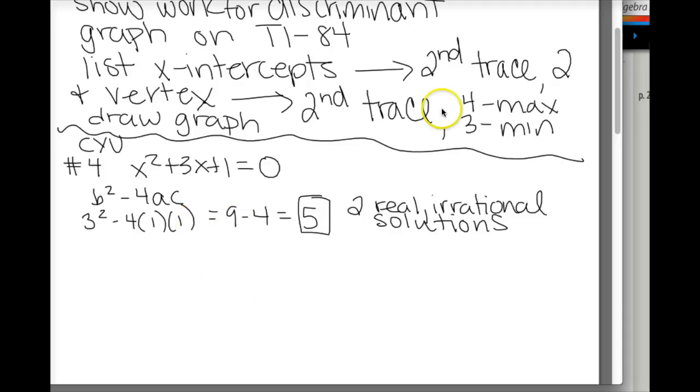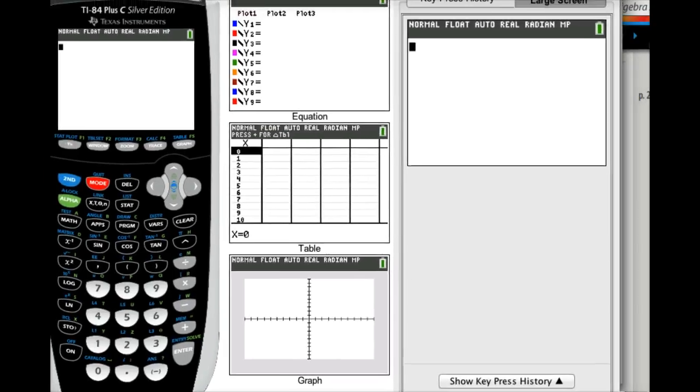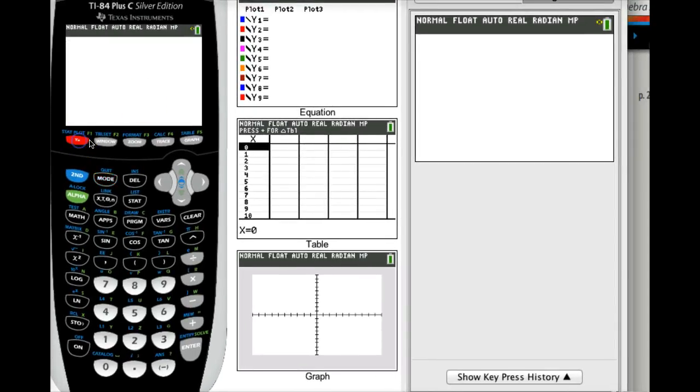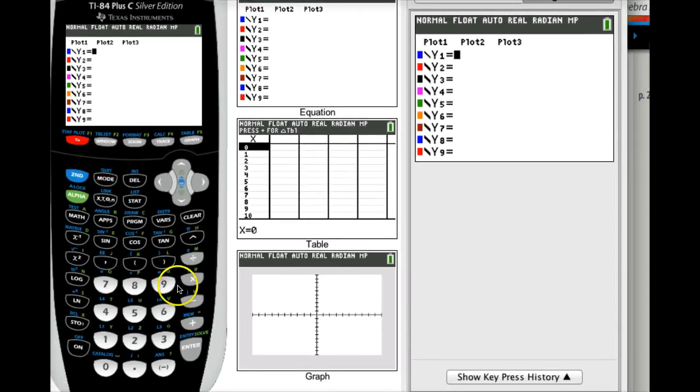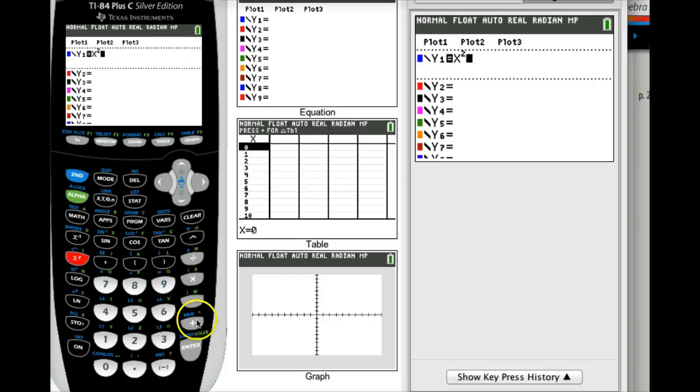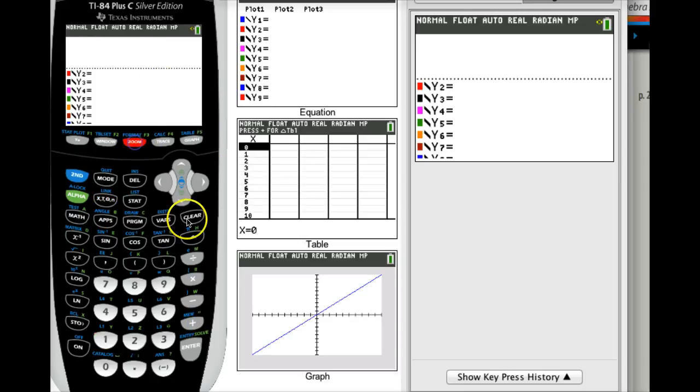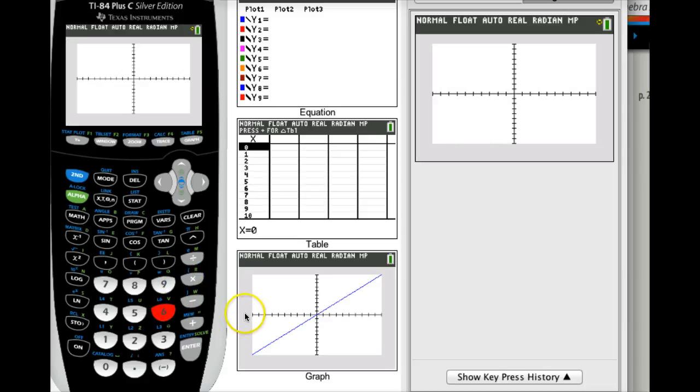In my graphing calculator, I'm going to go to my y equals screen and type in my function. So x squared plus 3x plus 1. I'm not sure what window I have right now, so I'm going to zoom 6 to go to a standard window.